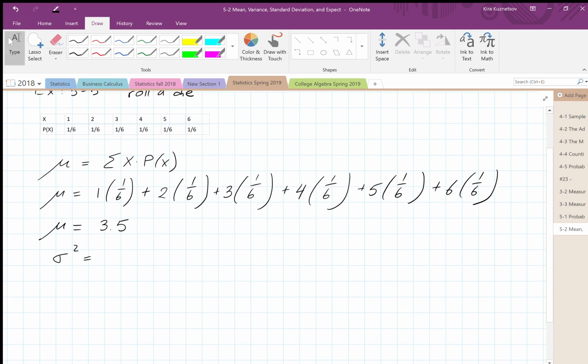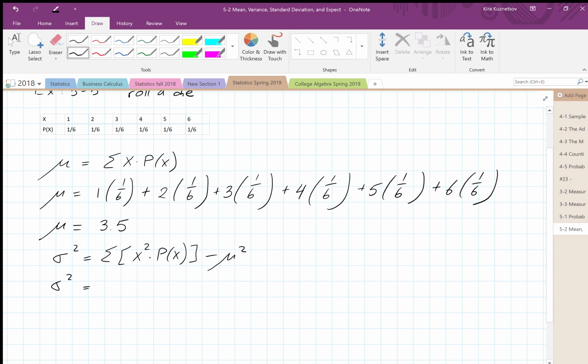The variance formula is x squared times p of x, and then minus mu squared. So in order to find my variance, by the way, the mu and the sigma are used as population parameters because what we're looking for is the whole distribution.